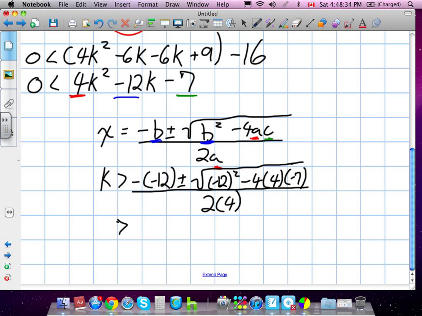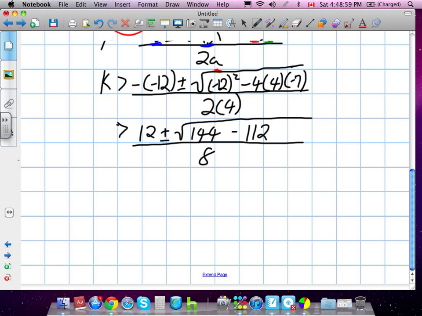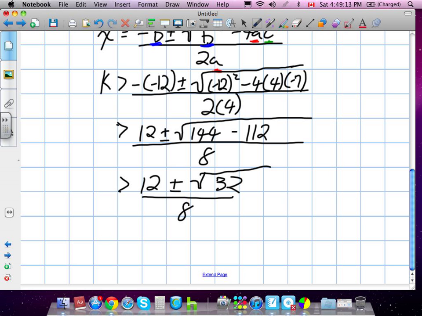So we'll work this out. Negative negative 12 gives us positive 12, plus or minus the root of negative 12 squared, 144, minus 4 times 4 is 16, 16 times negative 7 is negative 112, and everything is divided by 8. 12 plus or minus the root of 144 subtract 112 is 32, divided by 8.